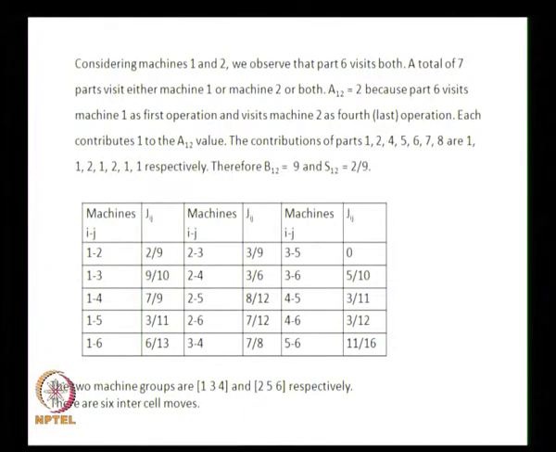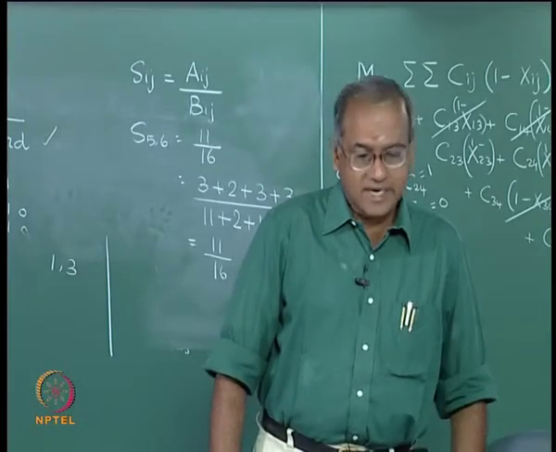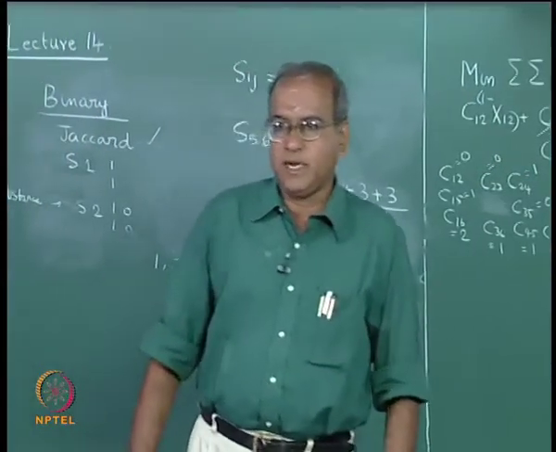The next highest similarity happens for 7 by 9 is about less than 80%. 3 to 4 is 7 by 8, which is about 90%. 2 to 5 is 75%. So, 3 to 4 will be the next one with 7 by 8.